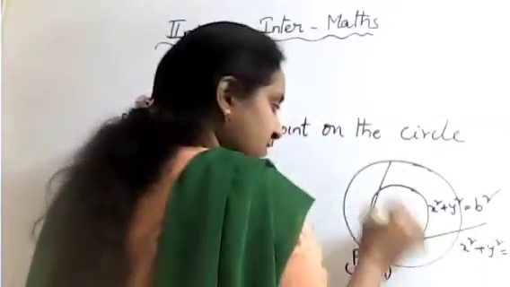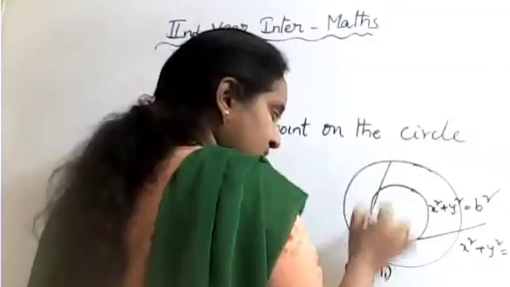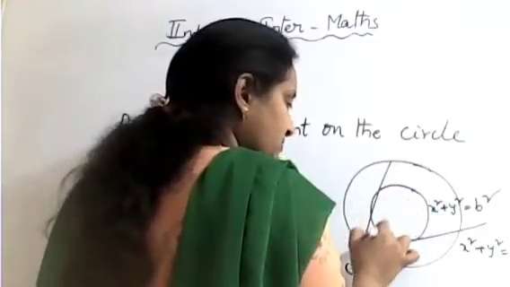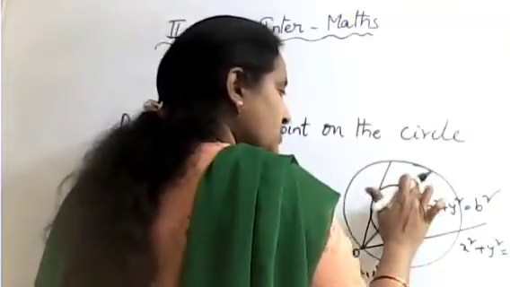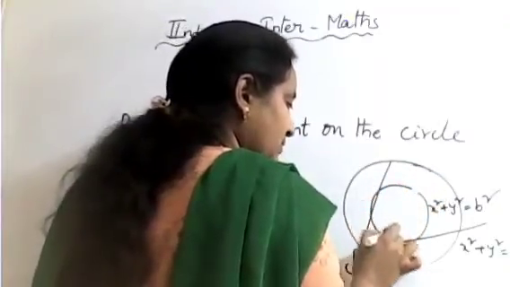If you draw the intersection points here, the polar equation will be like this.